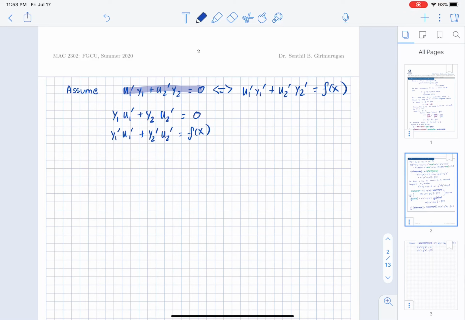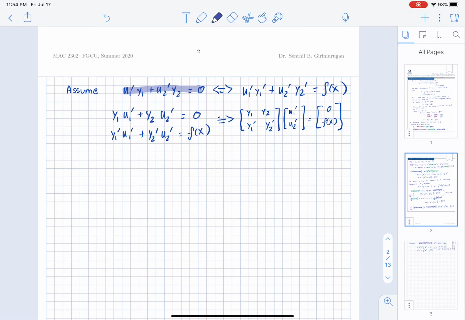Now in matrix form we could write this as the matrix with rows y1, y2 and y1 prime, y2 prime, multiplied by u1 prime, u2 prime, equals 0 and f of x.